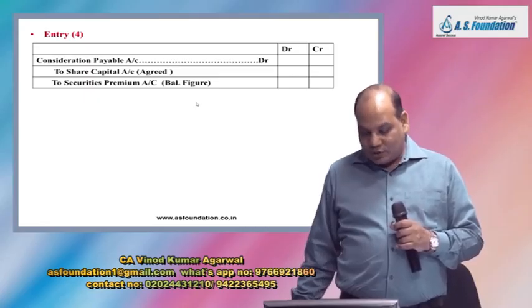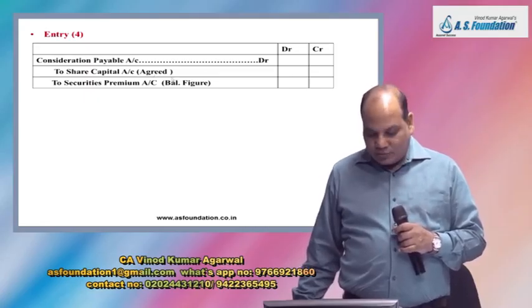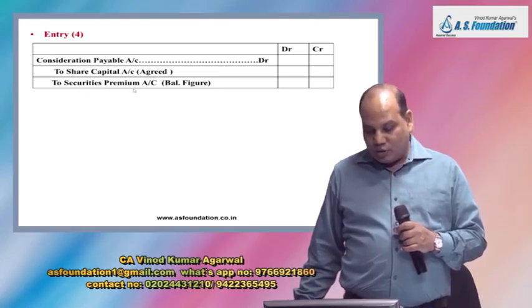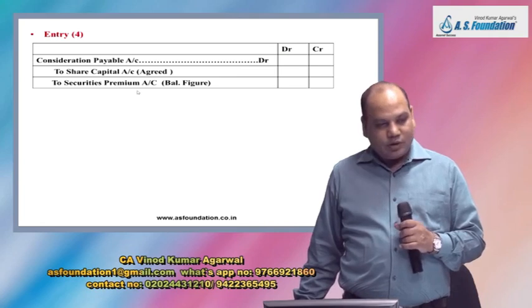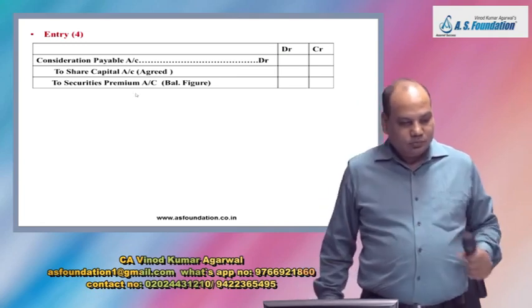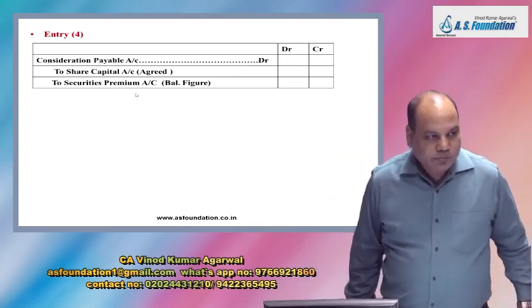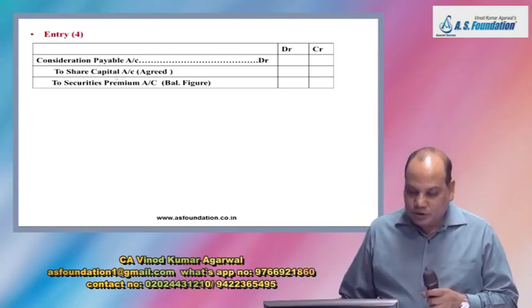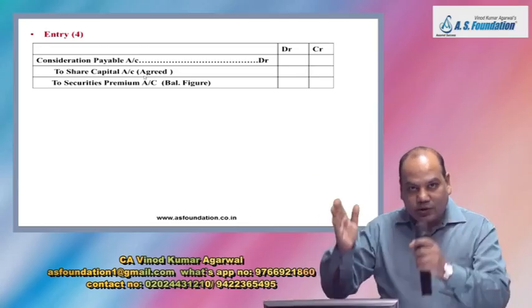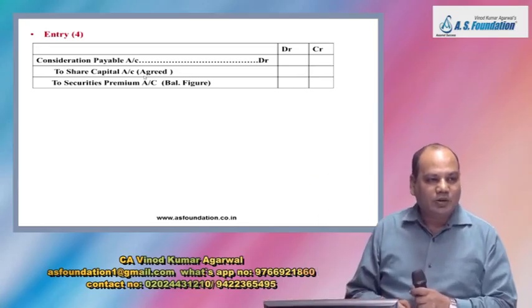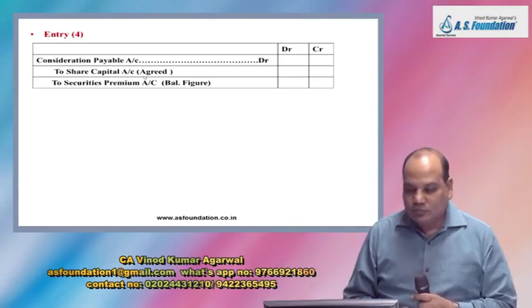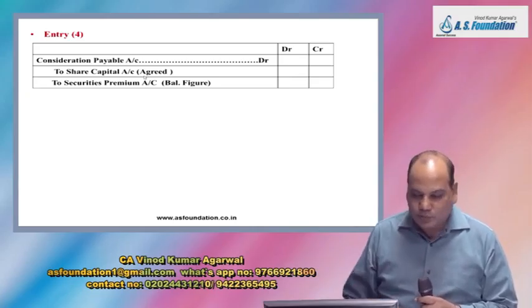Share capital will remain the same and the balance you adjust in other equity account. Whatever is appearing in the share capital of the legal acquirer, you can't change that. Okay, we'll solve a problem.